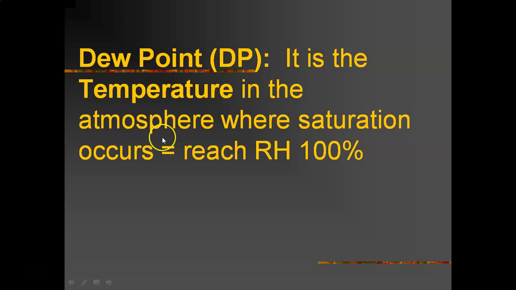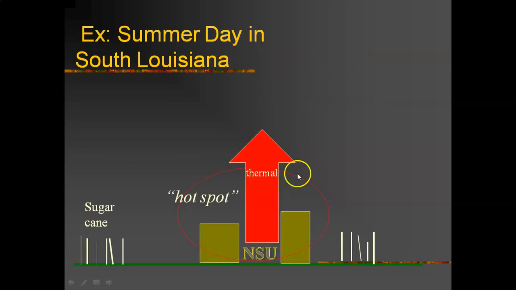And it's a certain temperature where the air reaches 100% relative humidity. I know that means nothing to you right now, but I want to give you an example, an illustration, to illustrate what dew point actually means. And I want to just take a really typical steamy hot summer day in South Louisiana, in Thibodaux.